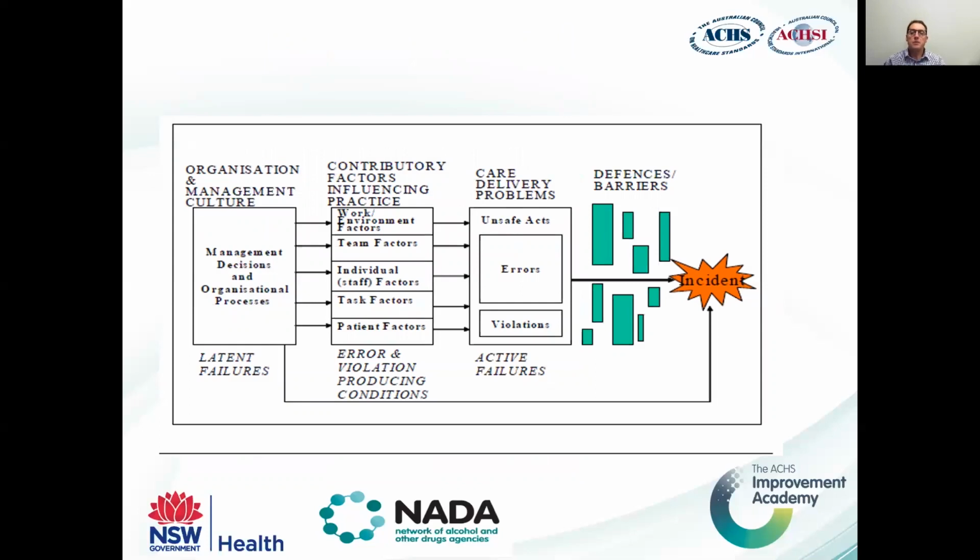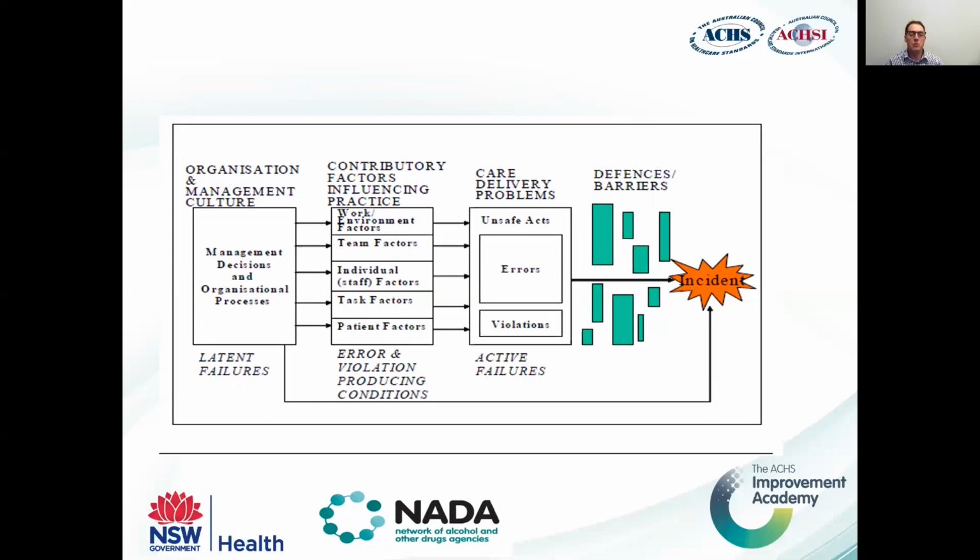When you undertake a London Protocol, this is the model that's used, which I'm not going to go into detail on. We have an incident that occurs. NGOs and organisations set up barriers to incidents occurring: safe staff, safe systems, policies and procedures. Those defences and barriers are not perfect, and we have care delivery problems in that errors are made.